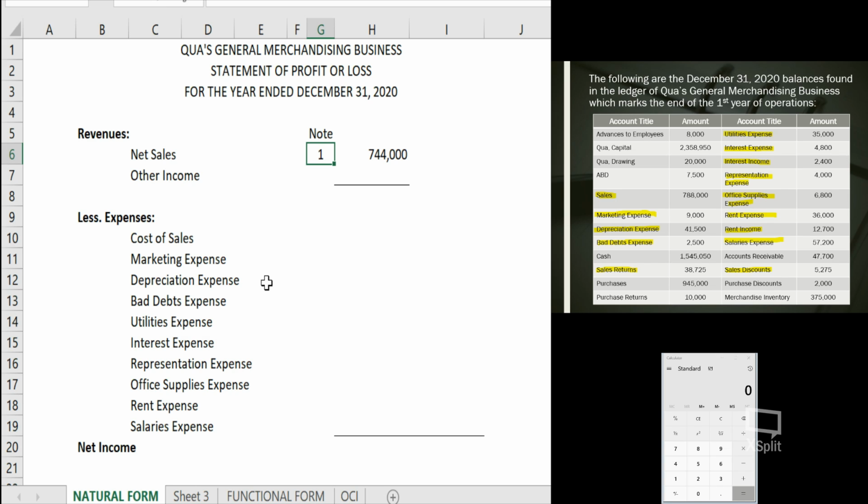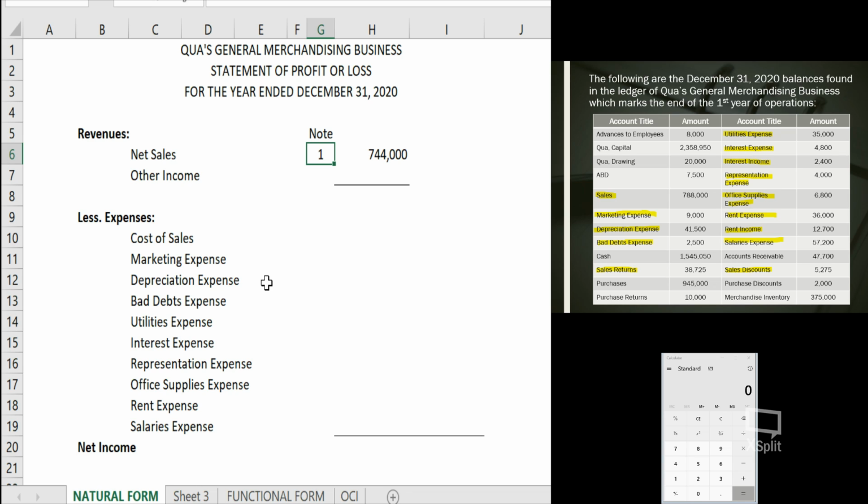Okay? One complete set of financial statements, meron siyang 5. Okay, we have 5 types. We have the statement of comprehensive income, which we are discussing now. Number 2 is the statement of financial position. Statement of changes in equity, number 3. Number 4 is the statement of cash flows.